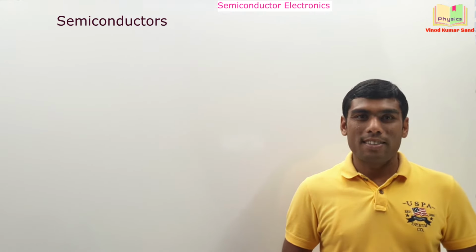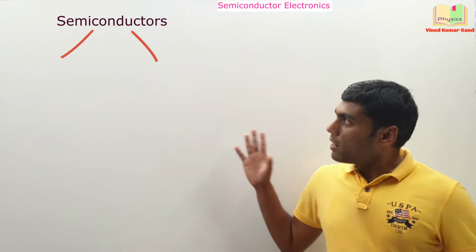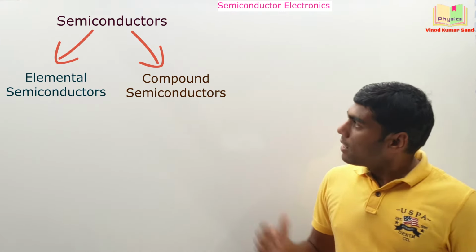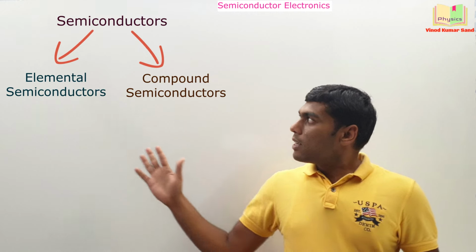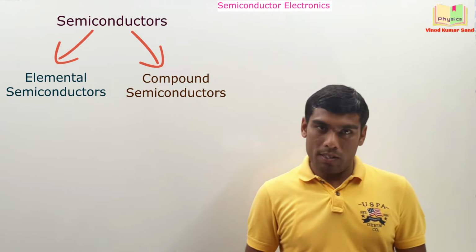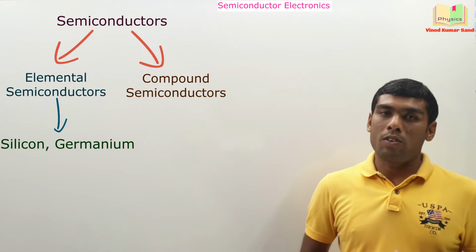Here we can see the classification of the semiconductors. They are broadly classified into two categories: the elemental semiconductors and the compound semiconductors. The elemental semiconductor means there will be a single element present, such as silicon or germanium.